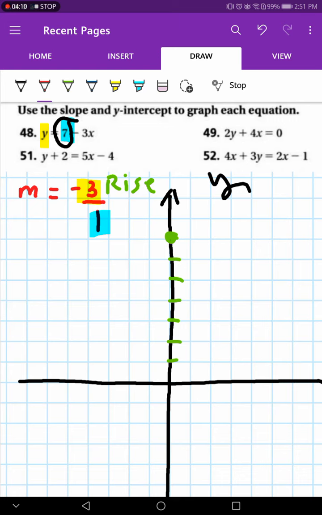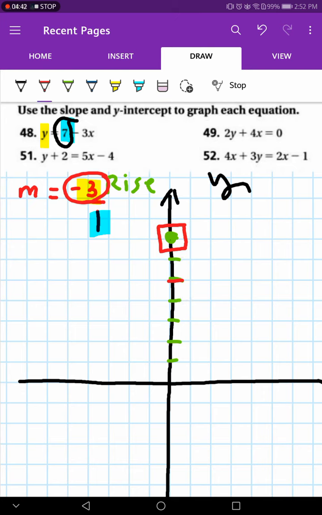Where do I do this from, teacher? It is from the y-intercept. I will move down 3 steps because it is negative, and then move 1 step to the right. Let's go: 1, 2, 3 steps down and 1 step to the right. So the second point will be here.